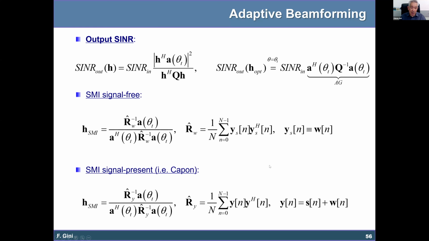If instead we have data contaminated by signal, so if you can only observe signal plus noise, the adaptive version of the beamformer is the Capon beamformer. So in other words, Capon is equivalent to the sample matrix inversion when the signal is present in the data.